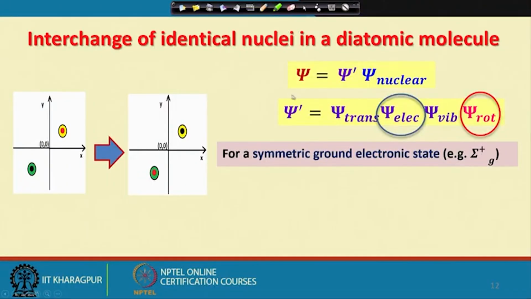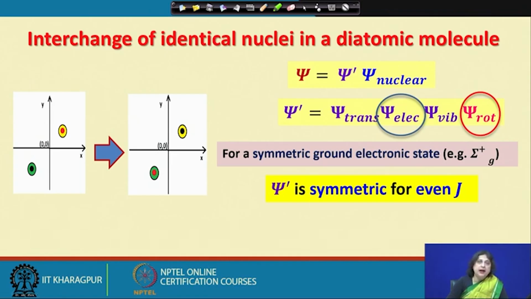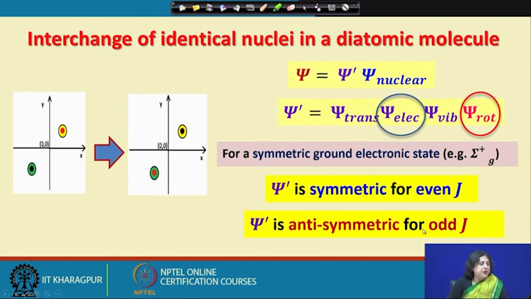Therefore, we find that the symmetry requirement on psi prime is imposed entirely by psi rotational, and then we can say that psi prime is symmetric if you are looking at rotational energy states associated with even values of the rotational quantum number J. Now, psi prime will be antisymmetric with respect to interchange of the identical nuclei in a diatomic molecule if we are looking at the rotational energy states associated with odd values of J.